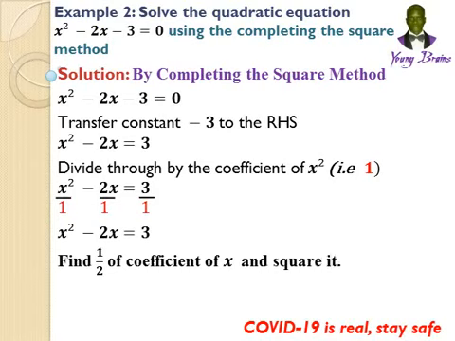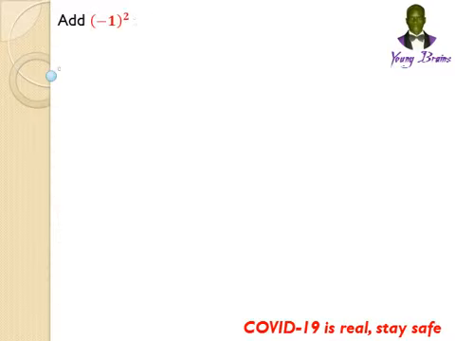Thirdly, we find half of the coefficient of x and square. This gives half of minus 2, everything squared, which is minus 1 squared. The next step is to add minus 1 squared to both sides.